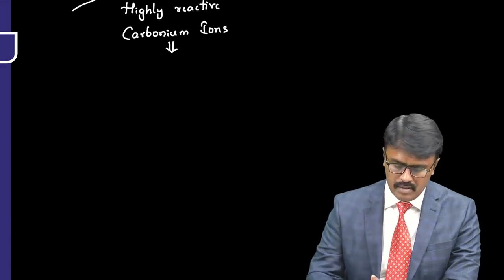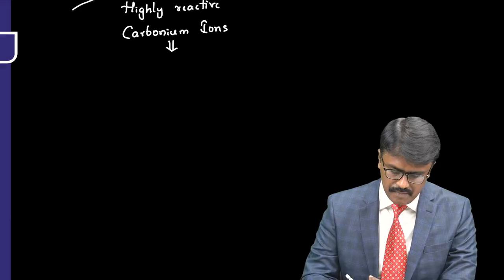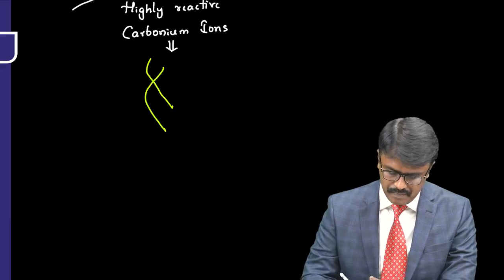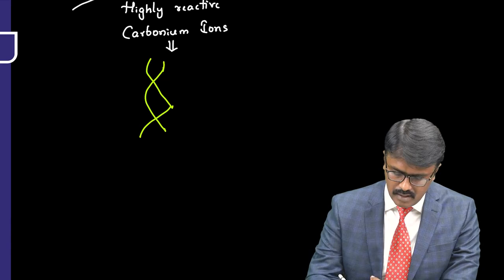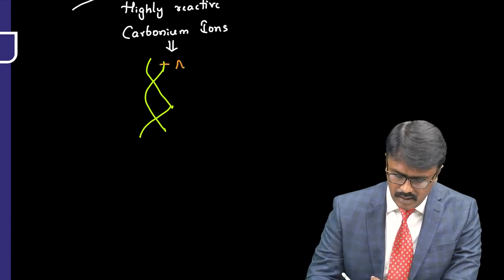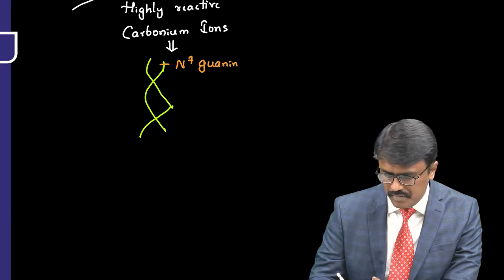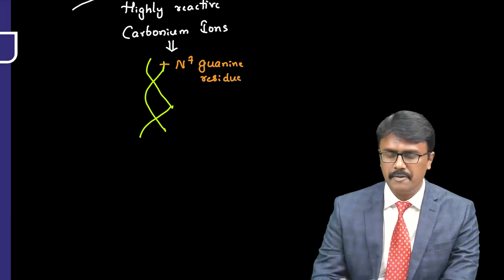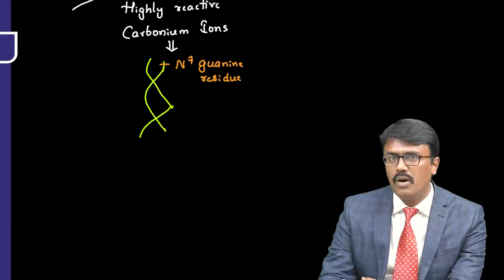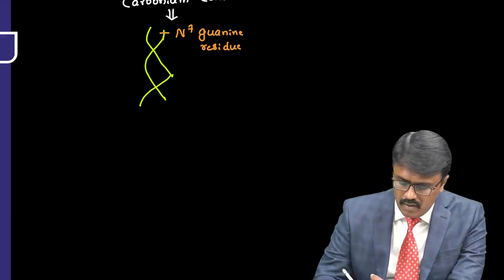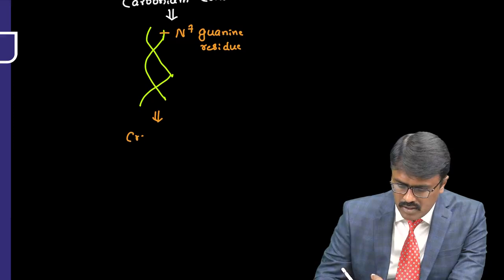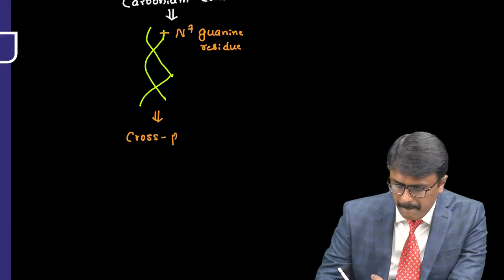So what do they do? These will come and sit at a place on the DNA. So this is the DNA. In the DNA there is a point called the N7 of guanine residue. So this is the place where they come and bind. Now once they bind, what do they do?